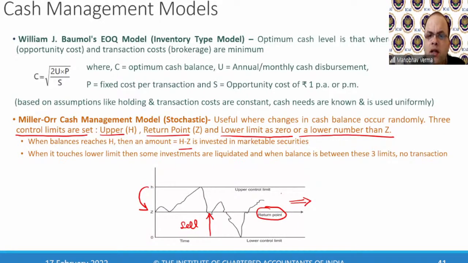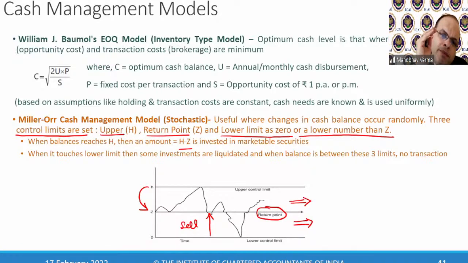Or if my balance is somewhere here, will I be selling any investment? The range I have marked in red, will I be selling any securities or depositing any investments over there? I think the answer would be no, right?